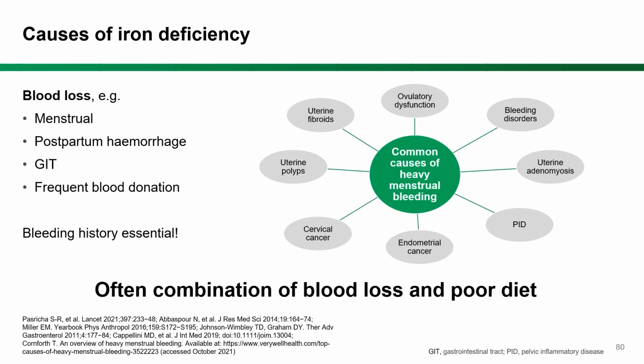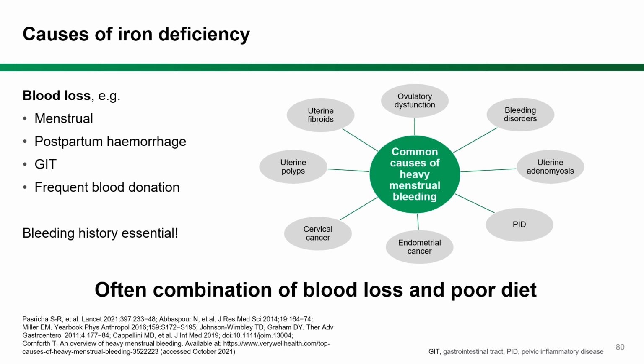It is critically important to find the cause of the iron deficiency. Sometimes it is obvious, such as the common cause in many young people of heavy menstrual bleeding or postpartum hemorrhage, but it could be gastrointestinal tract bleeding or blood donation.